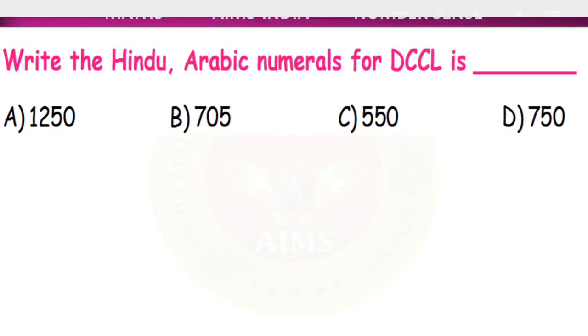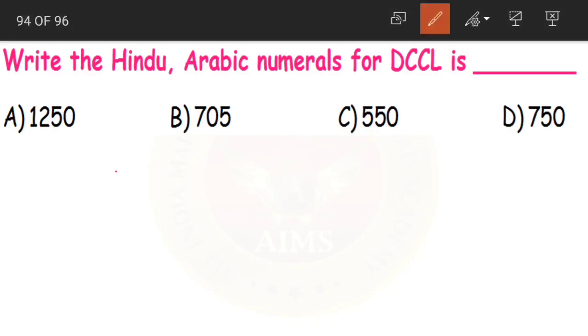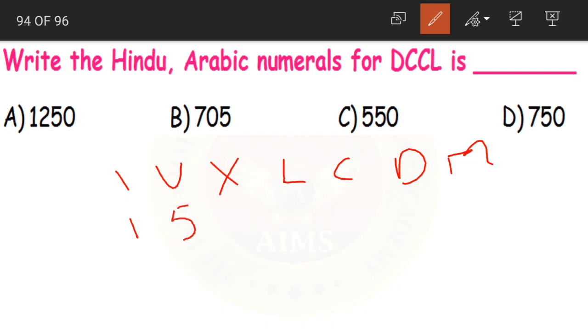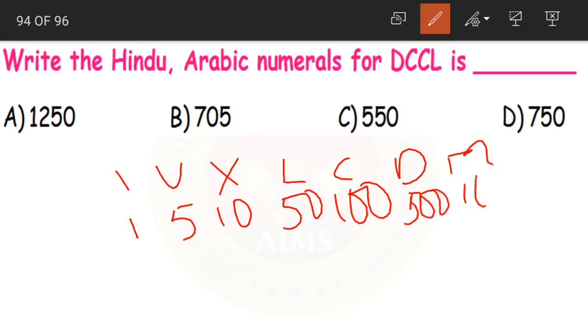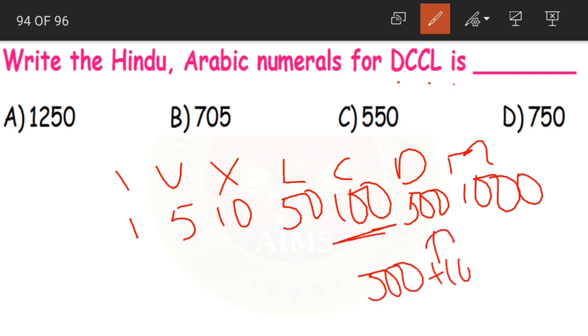Next question. Write the Hindu-Arabic numeral for DCCL. Again, let us write the Roman chart first. IVXLCDM: 1, 5, 10, 50, 100, 500 and 1000. Yes children, DCCL. D means 500. C means 100, two times of 100, so 100 plus 100.